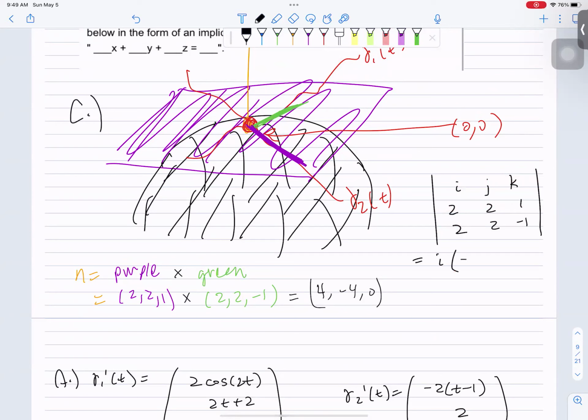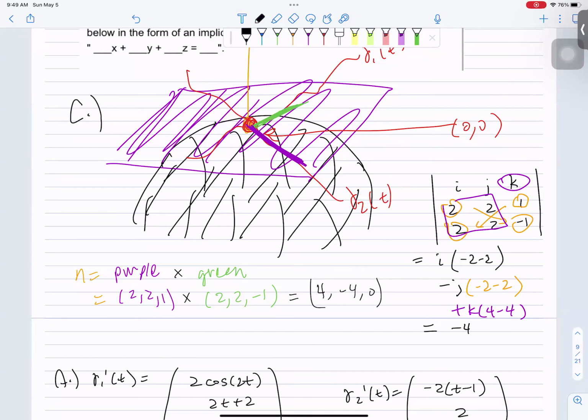This is i times negative 2 minus 2, minus j times, j uses these numbers, so negative 2 minus 2, and then k uses this, so plus k times 4 minus 4. So I get negative 4i plus 4j plus 0k. Okay. Negative 4 and positive 4 here.